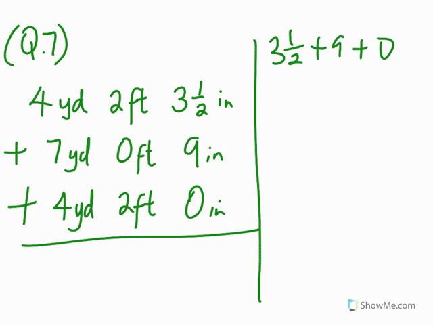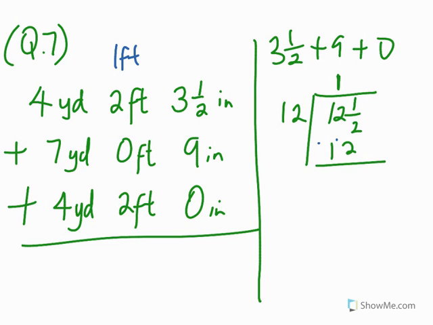Then you check the relationship between inches and feet. We see that 12 inches make 1 foot. So when we subtract the excess, or when we divide 12 and 12 1/2, the quotient is 1, which goes to the feet, and the remainder is 1/2, which goes to the inches.